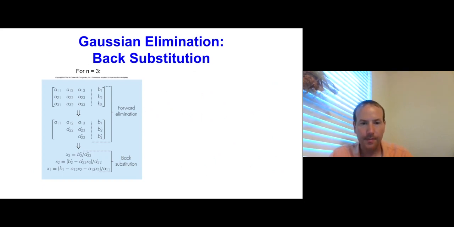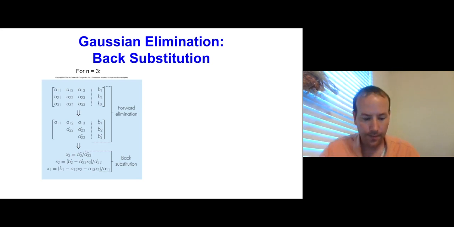Then the next step is back substitution. And the basic idea here is that we are applying this first to x3, and then we've got these equations that help us solve for what's left, and go x3, x2, x1, and so forth.